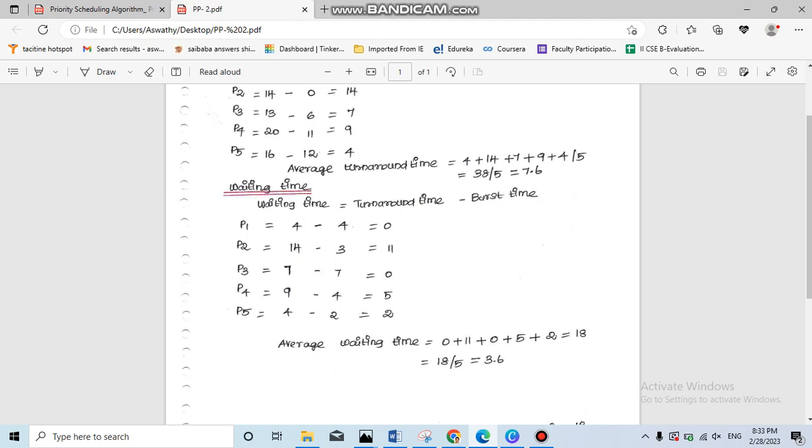If the priority of the currently running process is high, it continues its execution. If the priority is low compared to the arrived process, the currently running process will stop and give the CPU to the arrived process for running. So this is all about this scheduling algorithm.